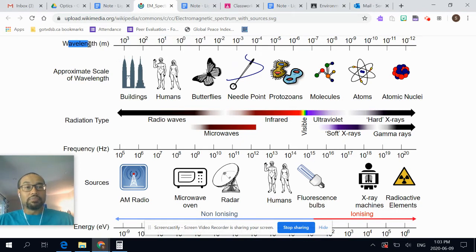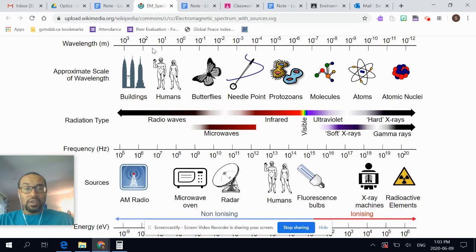It's often given the symbol, the Greek letter lambda, though it's not for some reason on this one. And the frequency down here, right? That's the number of oscillations, or number of times it vibrates in a certain period of time, often measured in hertz, the short form Hz you see right there.